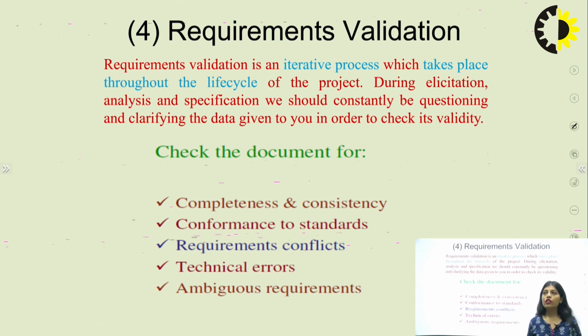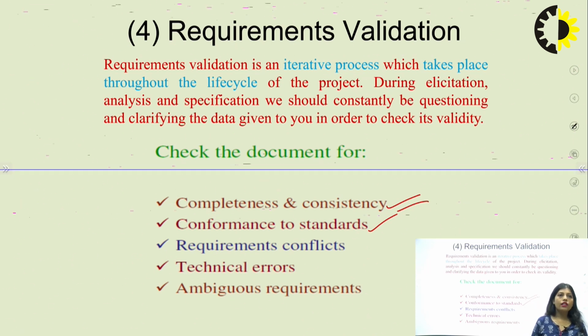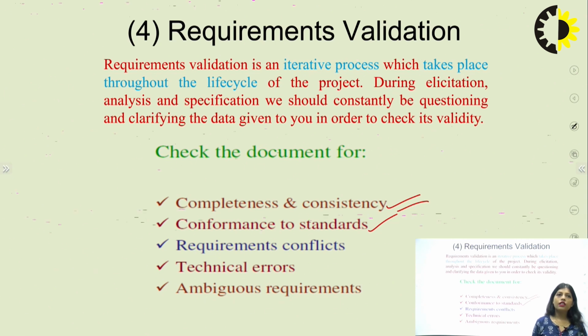So we can basically check the document for completeness and consistency. Means we can check whether our document is complete or not, whether it is consistent or not, and provide conformance to standards, like the IEEE standard and ISO standard. These are the standard guidelines, and we check whether the document follows them or not. Next is requirement conflict. We can check the conflict.